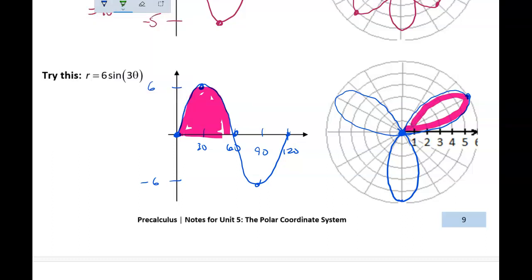And then here's a negative petal. That one's between 60 and 120, but it's negative, so it's appearing in the opposite quadrant. And then you can see that we would have one more sort of hump of the sine function in order to graph that third petal and complete the graph.